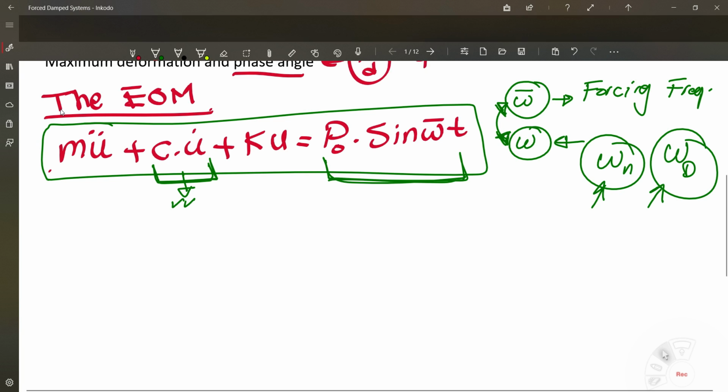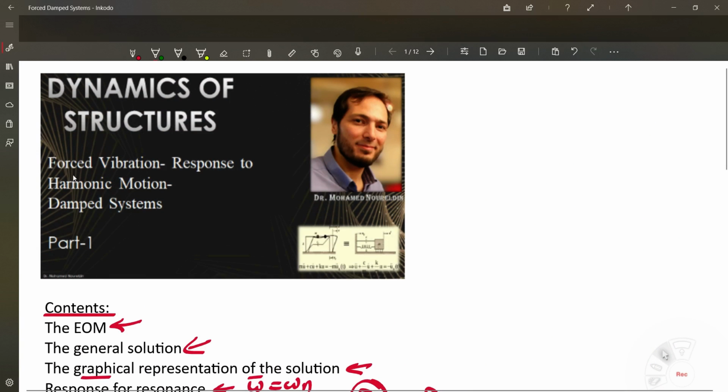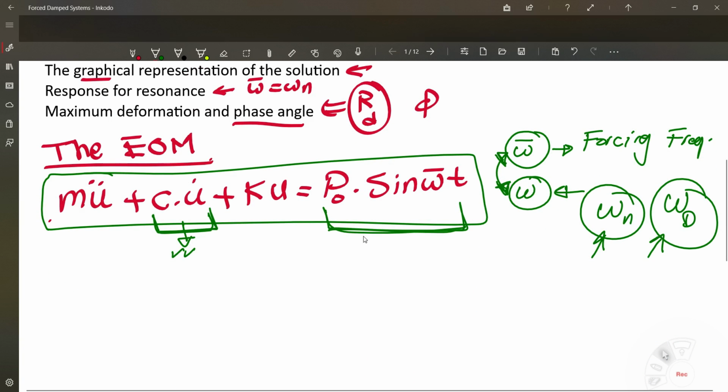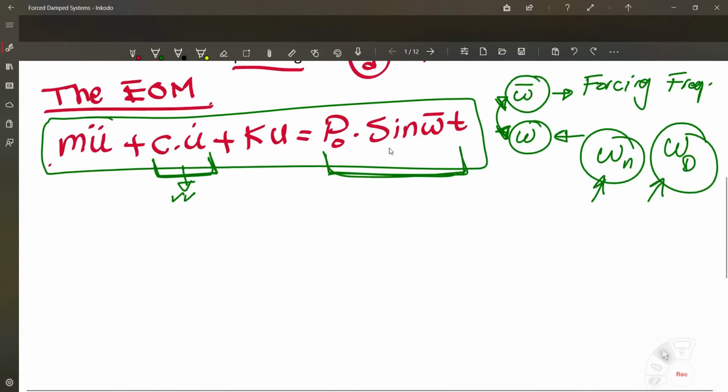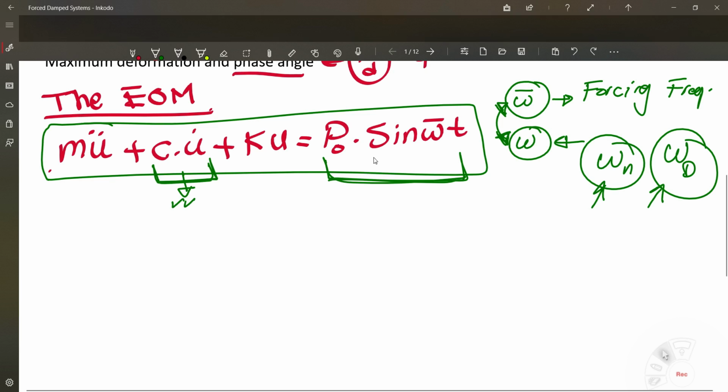Again, we are talking about forced vibration. This means that the right hand side is related to force. At the same time we are talking about response to harmonic motion, so this means that we are dealing with sine omega bar t, something that is sinusoidal.